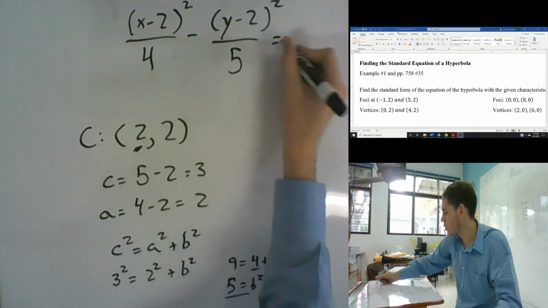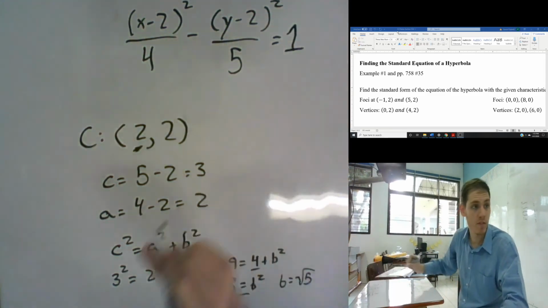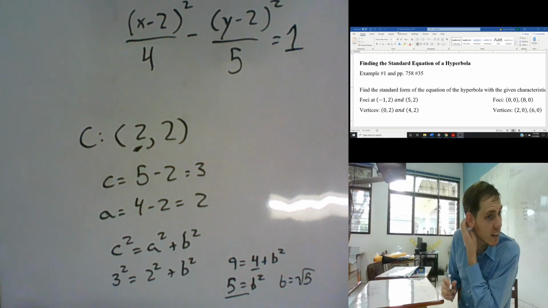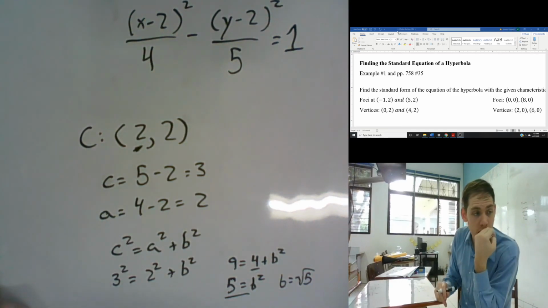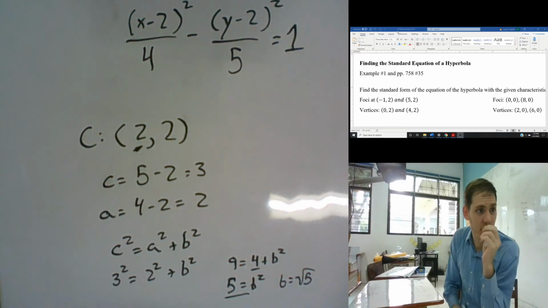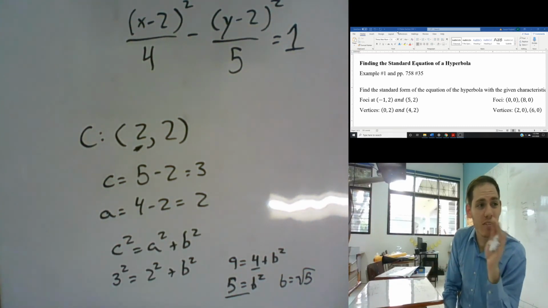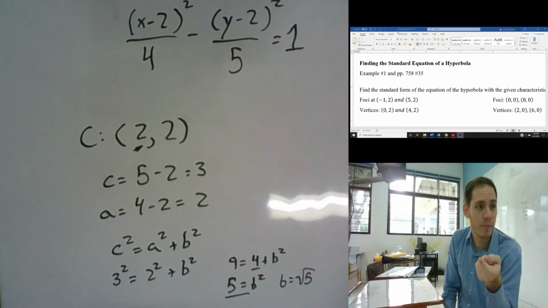Nevertheless, usually it's not, but sometimes it is. And we get that. Sometimes the b will be larger than a in, and only in, hyperbolas. Ellipses mainly have a bigger than b.